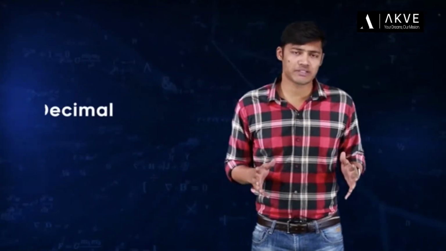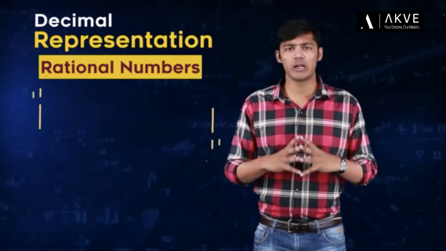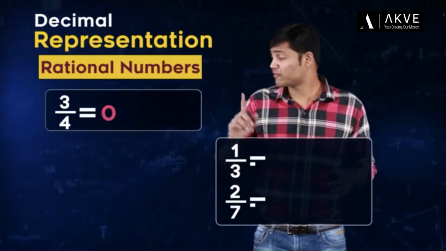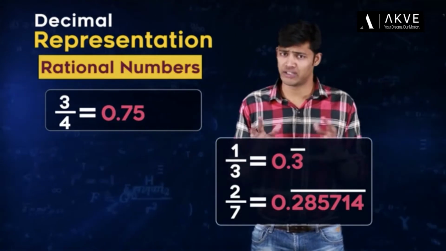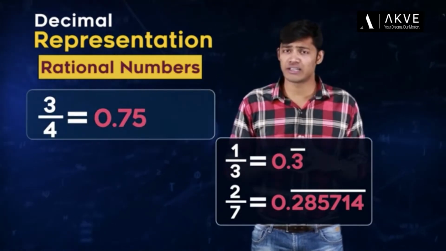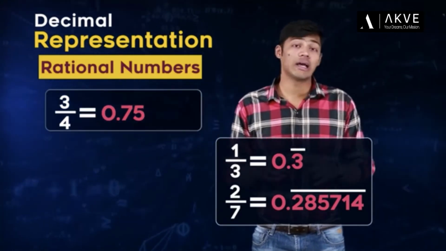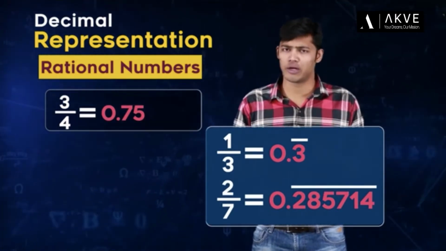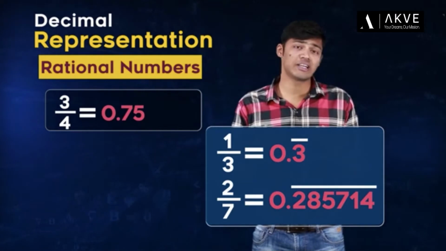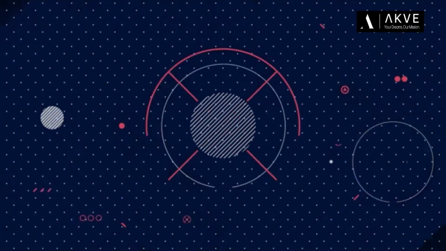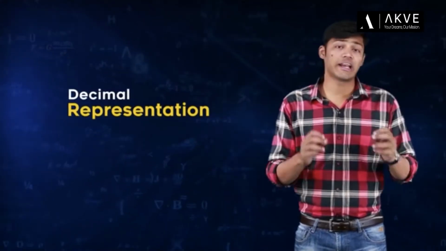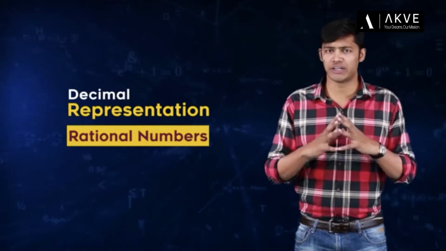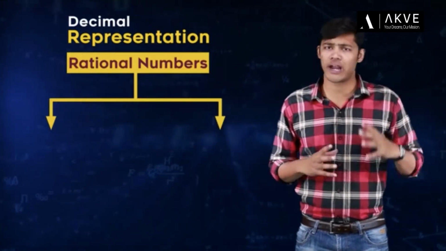In the decimal representation of any rational number, you will find any one of these two patterns. That is, either the digits terminate or the same digits keep repeating after a regular interval. That is, the digits keep recurring. So we can conclude that the rational numbers in their decimal representations can be classified into two categories.